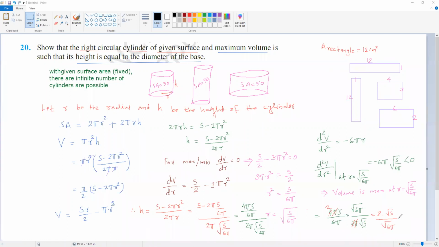That means this is 2 into under root s divided by 6 pi, and that is nothing but 2 r.